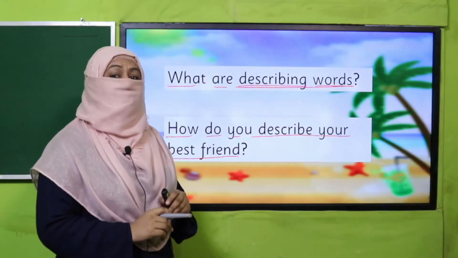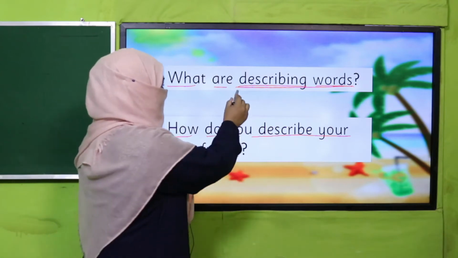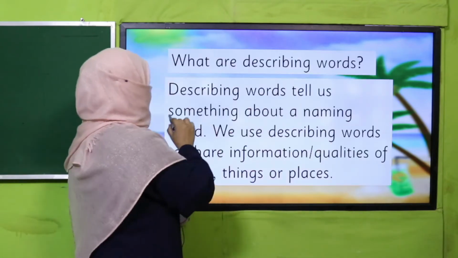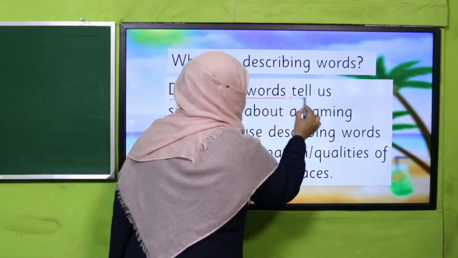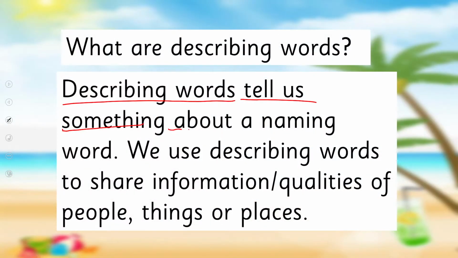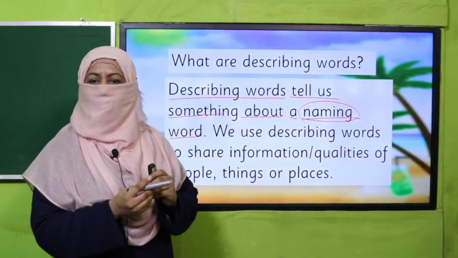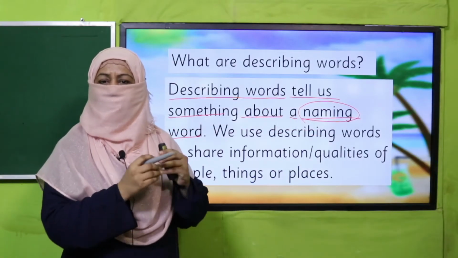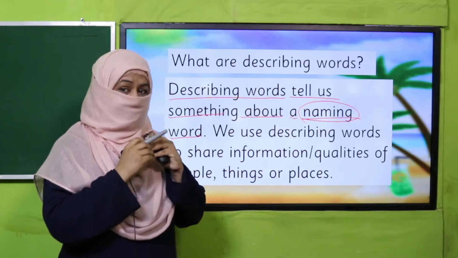Yes, my dear students, I hope you could answer correctly about describing words. Describing words tell us something about a naming word. Okay, and what is a naming word? Everything around us which we can feel, touch, hold, or see is a naming word.